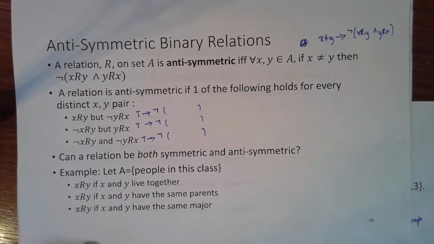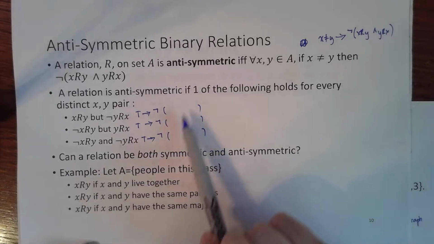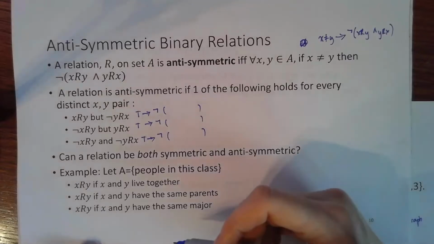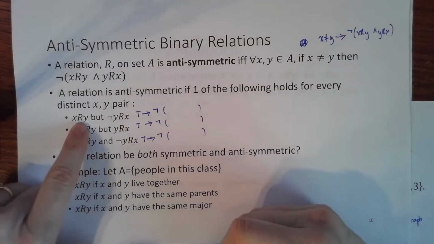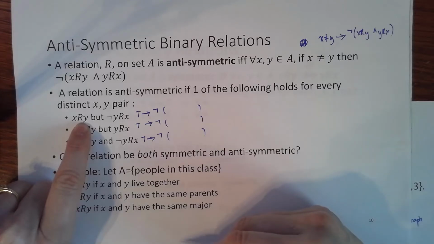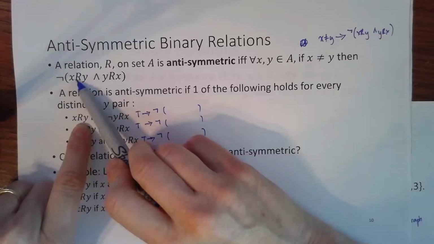Okay, so only true implies true is going to give us true, right? So what I need in here are all things that are false, and there are different ways to get this being false. Let's say x is related to y.